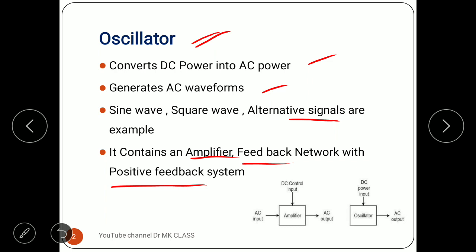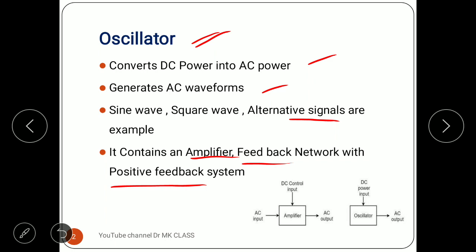See the diagram below. It shows the difference between an amplifier and an oscillator. An amplifier takes an AC input, amplifies it, and gives an AC output. But for the amplifier to work, we have to give DC biasing; it is the food for the amplifier.